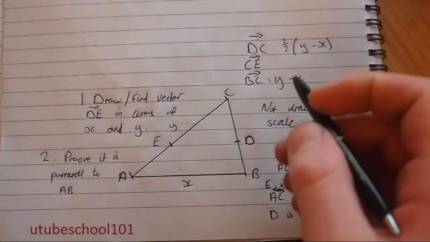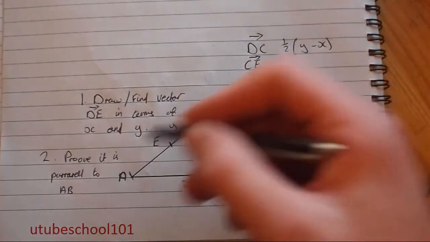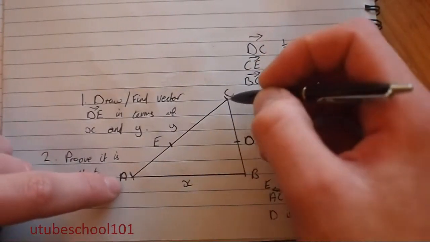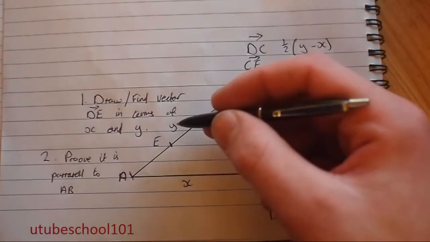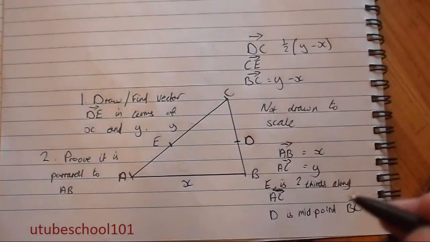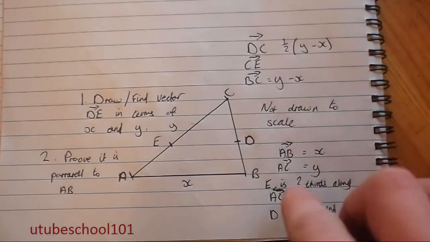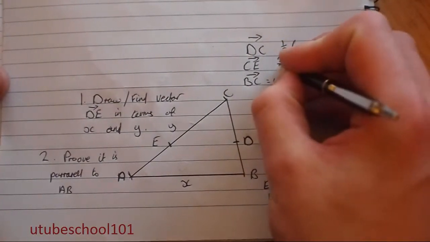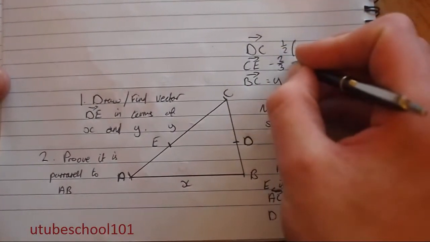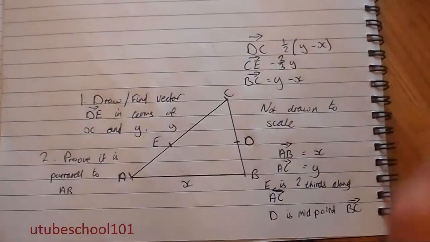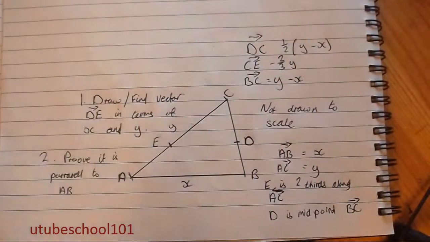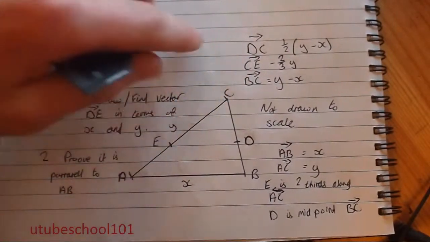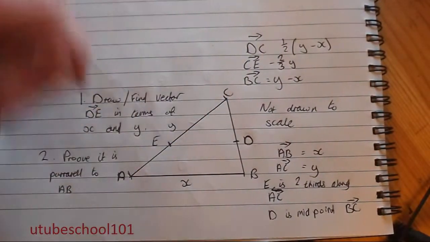And the next stage of the problem, I have to get from C to E. And I already know what C to A is, that's minus Y. And this is 2/3 along, so it's minus 2/3 Y. So now I've got my two expressions.